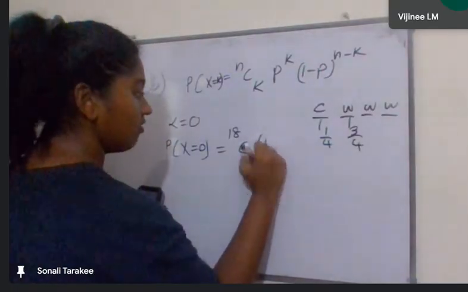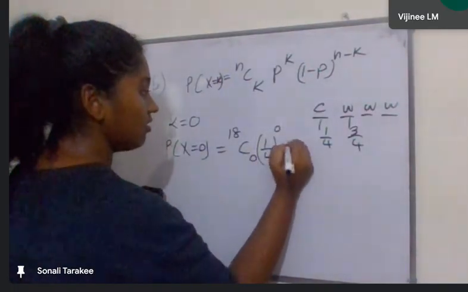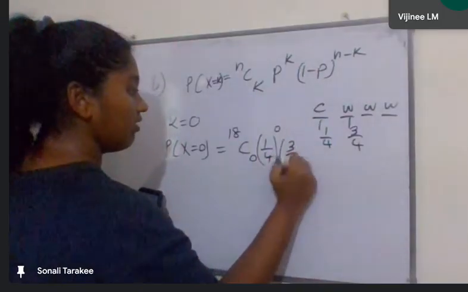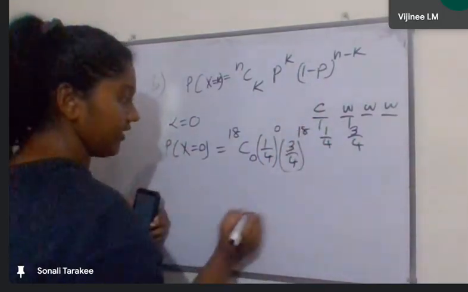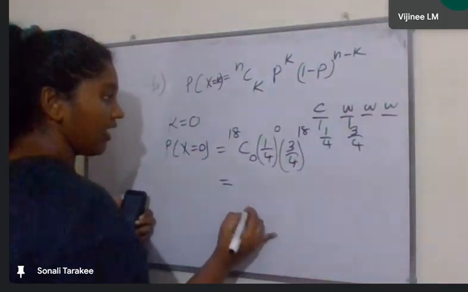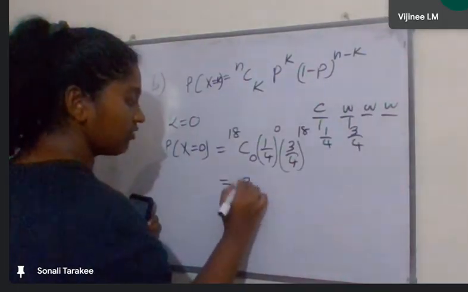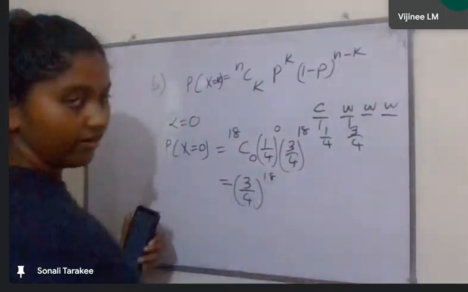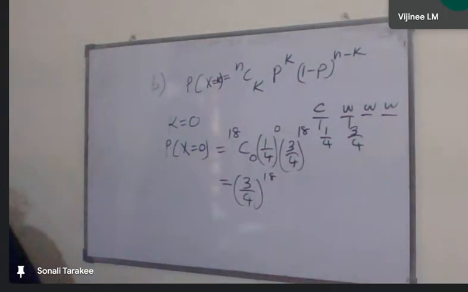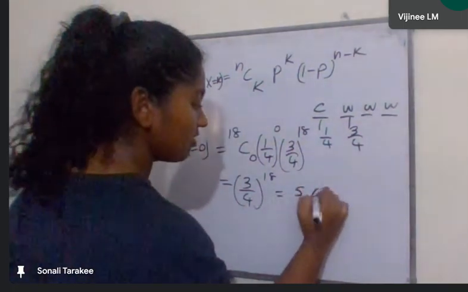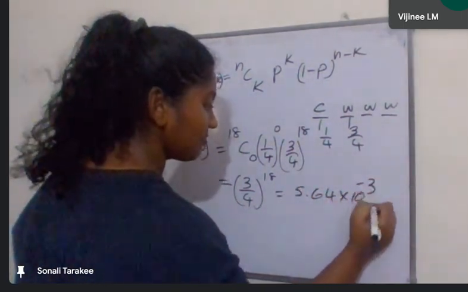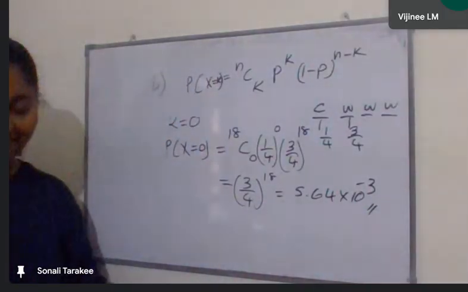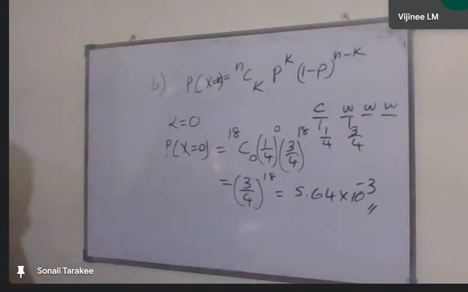Okay, so 1 over 4 to the power 0, 3 over 4 to the power 18. So the answer is 3 over 4 to the power 18. I have 5.6 times 10 to the power minus 3 as the answer I got. I don't know whether this is correct or not.